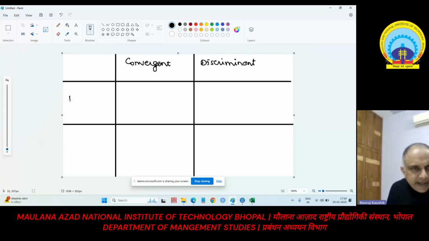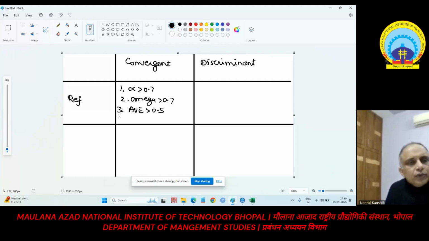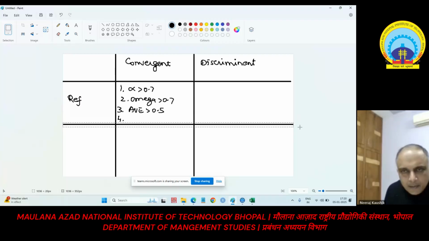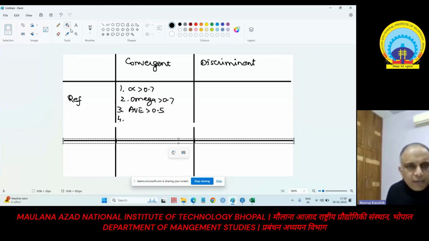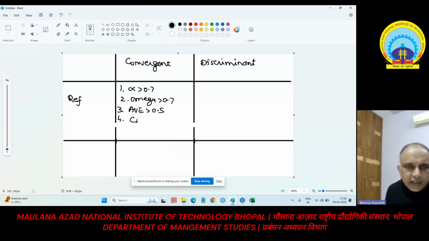Of reflective, number 1, Cronbach alpha greater than 0.7, omega greater than 0.7. Number 3, AVE greater than 0.5. Number 4, CR greater than 0.7, and number 5, rho greater than 0.7.